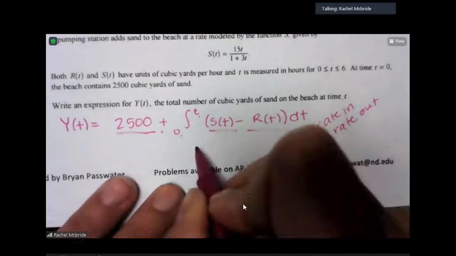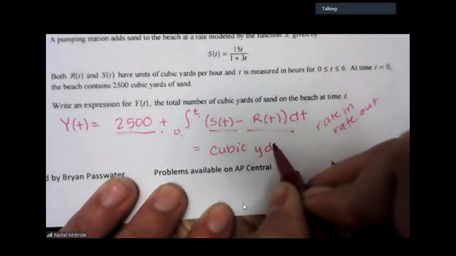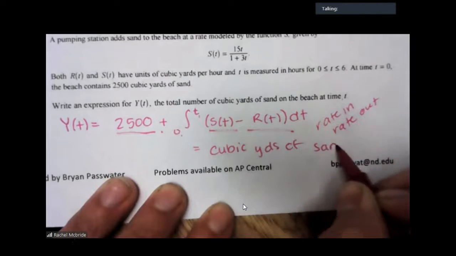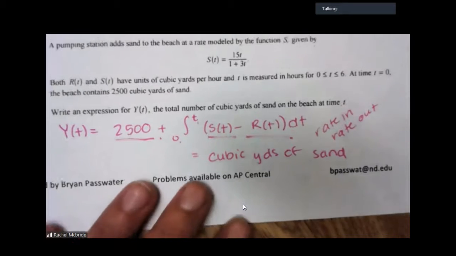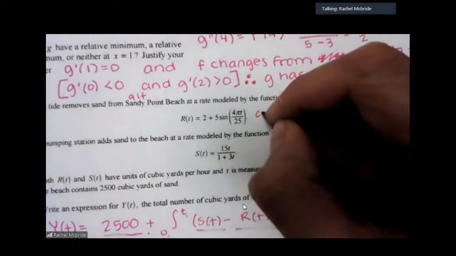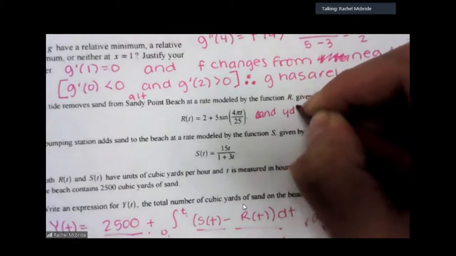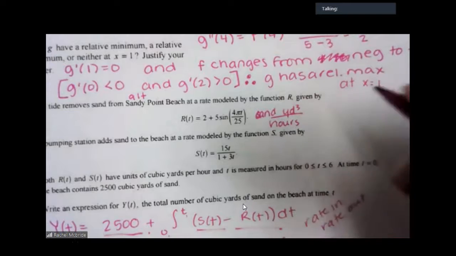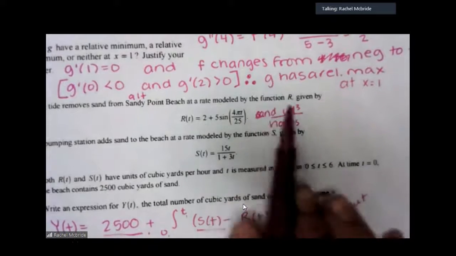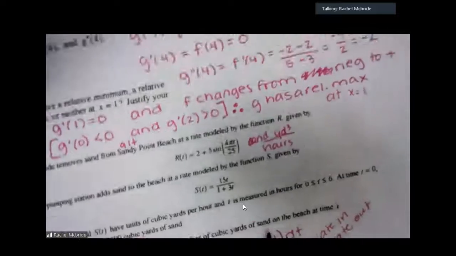So this represents cubic yards of sand, because this is sand in cubic yards per whatever it is, hours. So you're given a rate. This is like the derivative, and now you're finding the original.